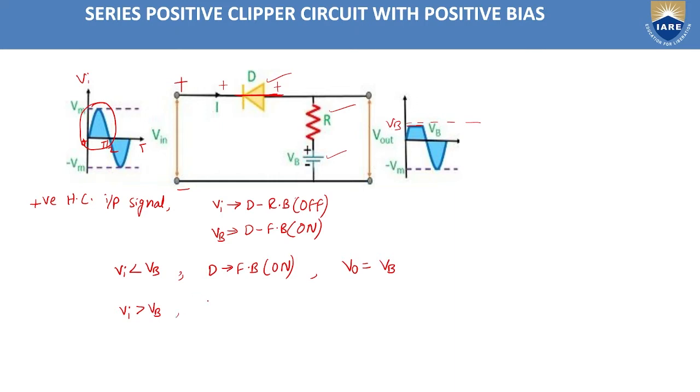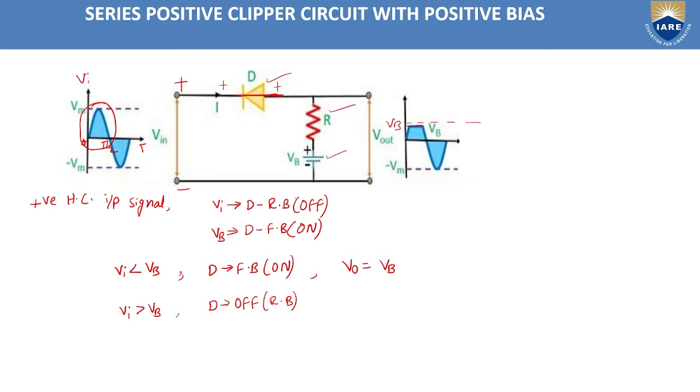And when the input voltage exceeds the battery voltage, that is nothing but we are providing more positive voltage for the cathode terminal compared to the anode terminal. So at that time, the diode is in off state. That is, it will enter into the reverse bias condition.